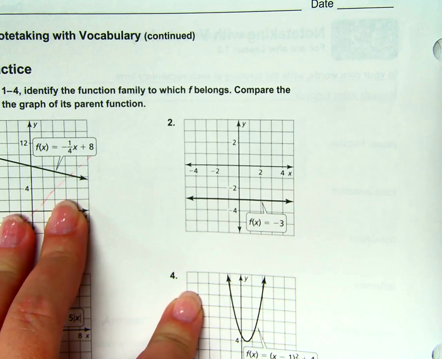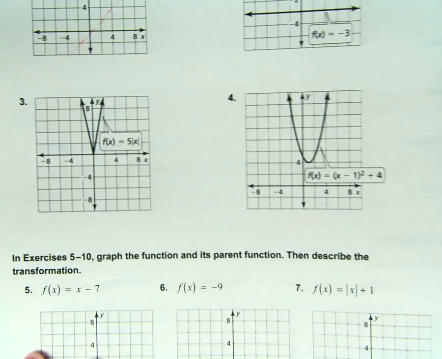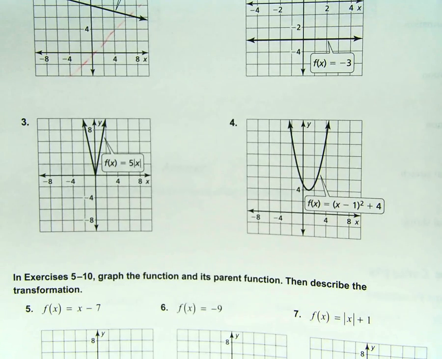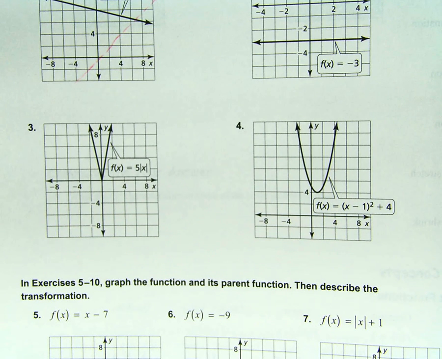Got it? Okay, here's number 3. I'm going to put 3 and 4 where you can see them both. Go ahead and get 3 and 4 both drawn.